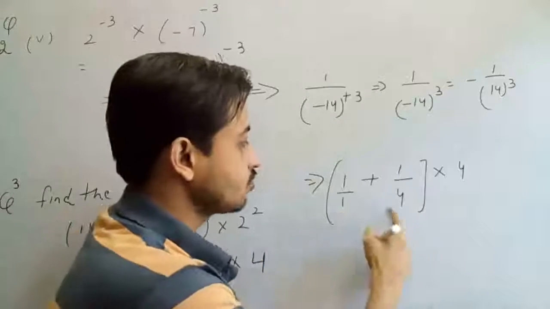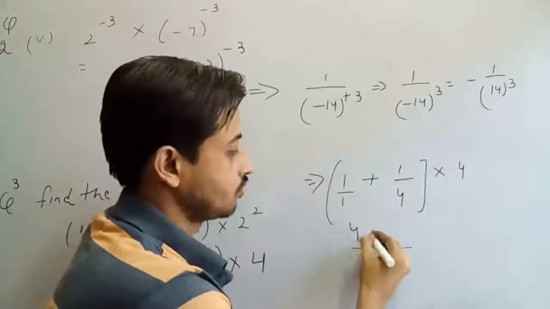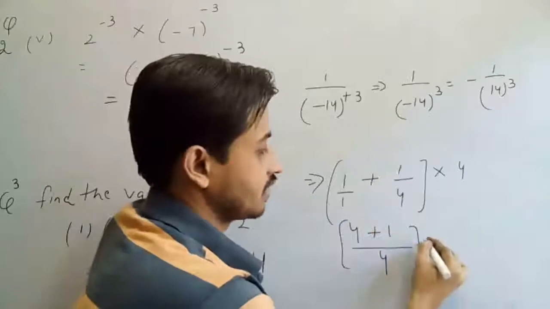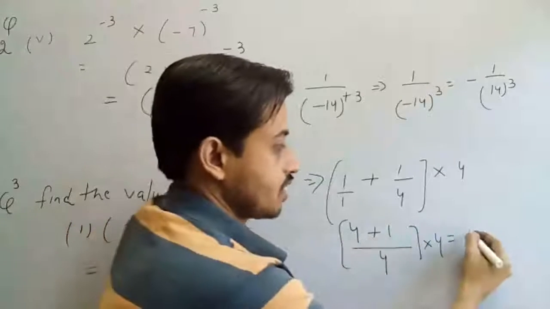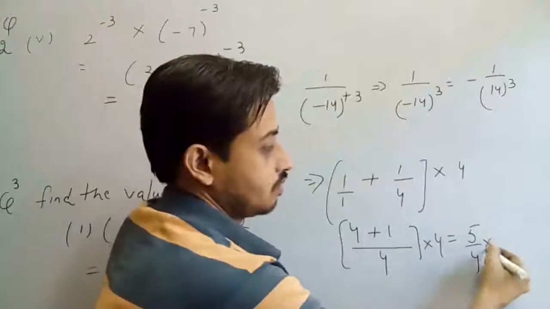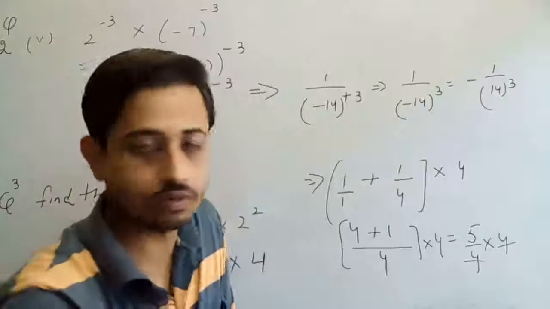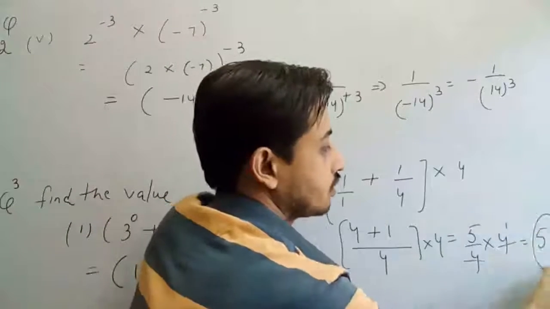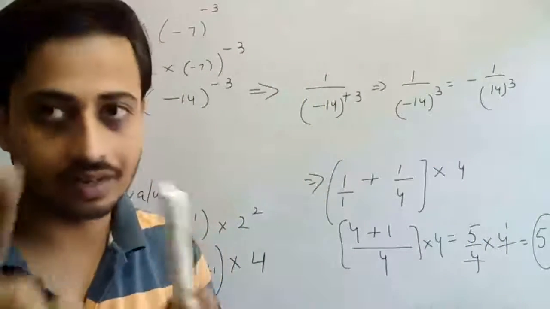Now what's the LCM of 1 and 4 is? 4. 4 into 1, 4. 1 into 1, 1. So we multiply this 4. This is what? 4 plus 1, 5. Divide by 4. Multiply by 4. 4 is cancelled out with 4. 4 1s are 4. Now 5 into 1, 5. So answer is what? Answer is 5. So please make a note.